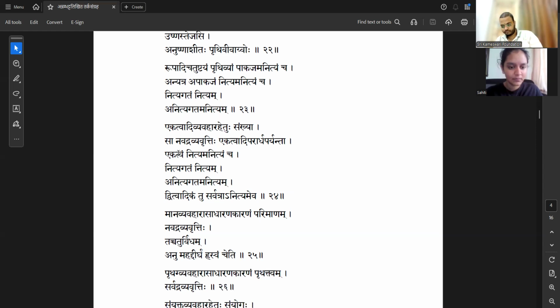Nityagatam Nityam, Anityagatam Anityam. Dvitvadikam tu sarvatra anityameva.